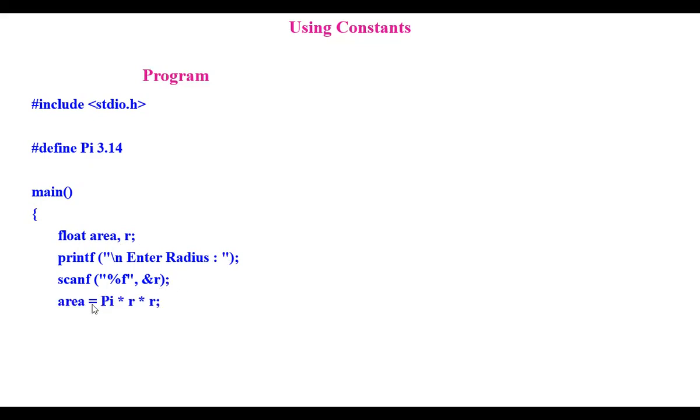And now it calculates area is equal to pi, this pi value is used, so 3.14 into r, pi r square. I want to display this area as a float because it is declared as float.